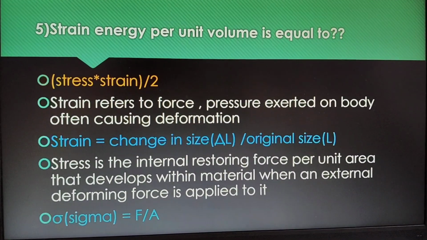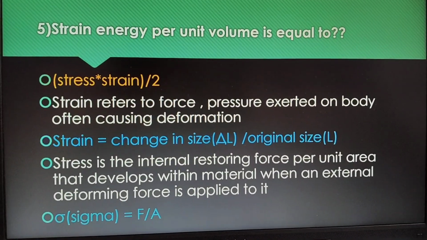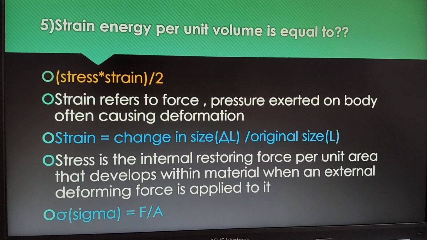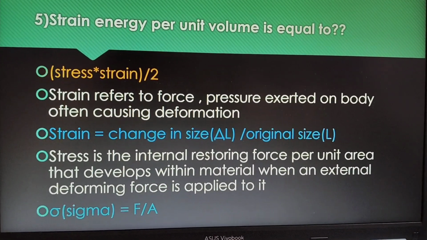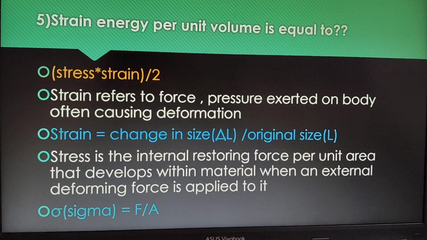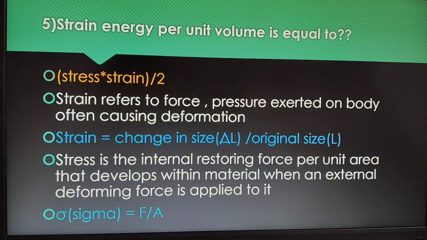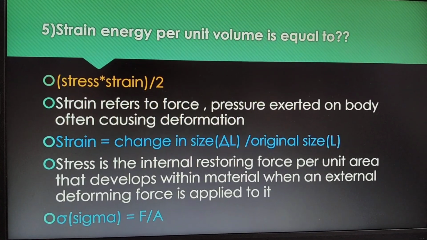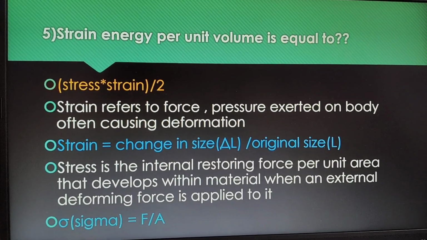Let us see the fifth one. Strain energy per unit volume is equal to. They are asking for the formula. First of all, to know about this, you need to know stress and strain. What is meant by stress? It refers to the force or pressure exerted on a body, often causing deformation. That is, when some force is applied, the body will change its shape. Strain is the internal restoring force per unit area that develops within the material when an external deforming force is applied to it.